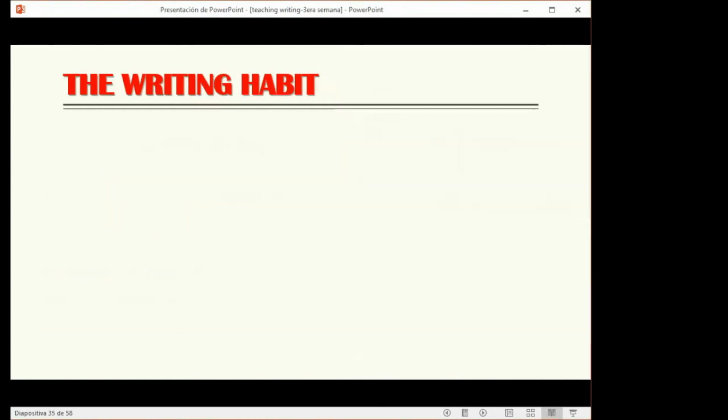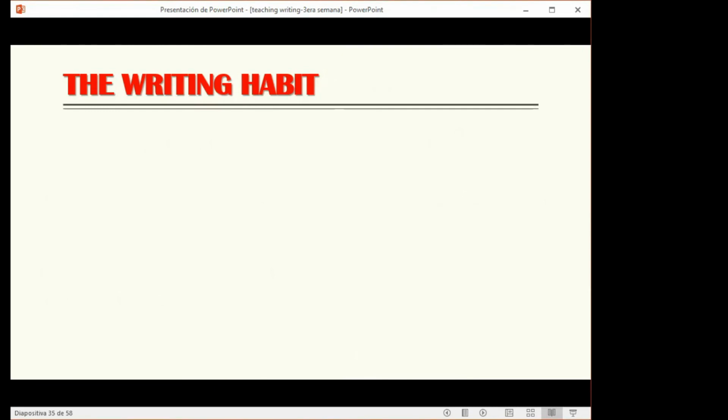Now, after having seen the mechanics of writing, remember we talked about the mechanics of writing. How can we teach handwriting, spelling, punctuation, how to write sentences, paragraphs? Now we are going to talk about the writing habit.